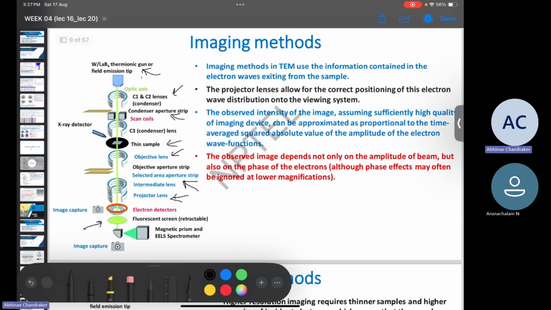And this is basically the basic arrangement of the different components in a TEM machine.